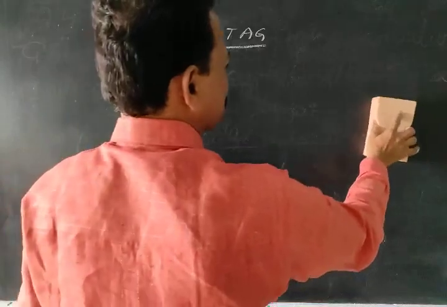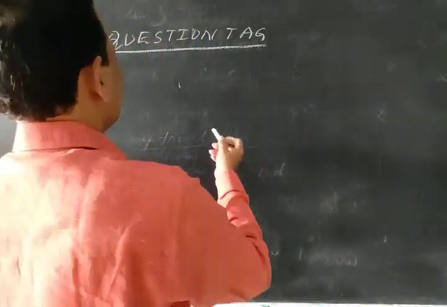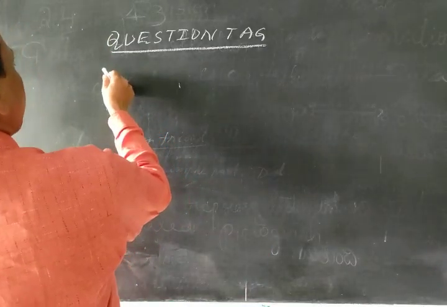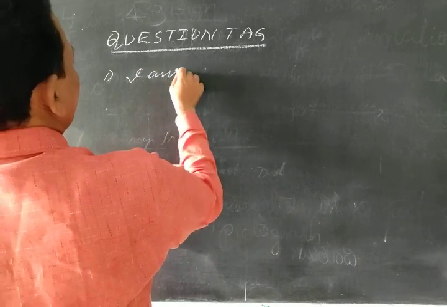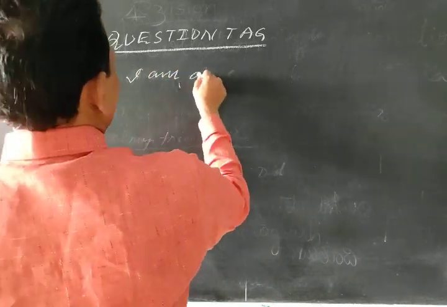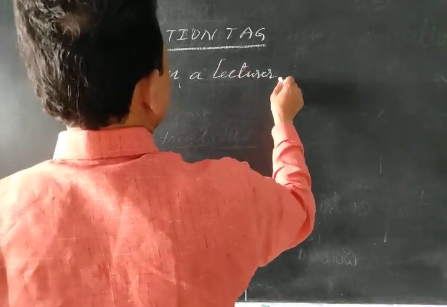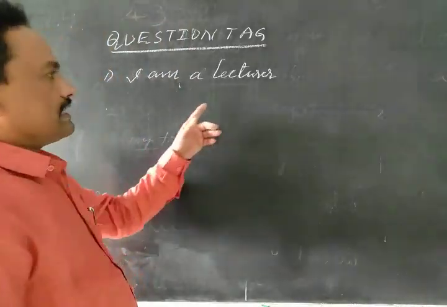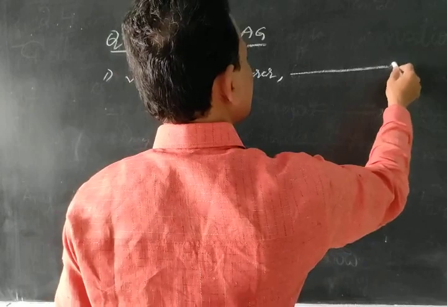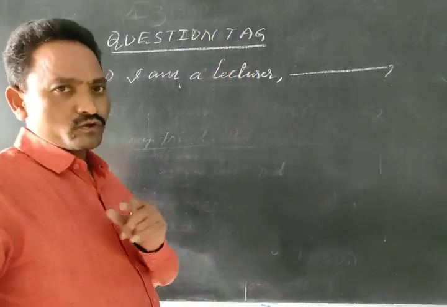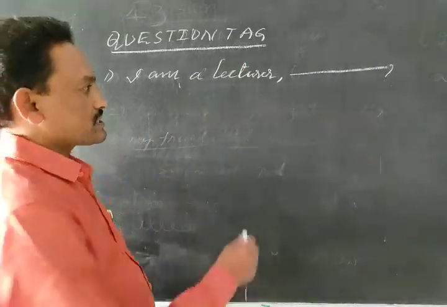Then the very important rule next is actually, see the sentence: I am a lecturer. Here, according to the rules we have discussed so far, "am" is the question tag.